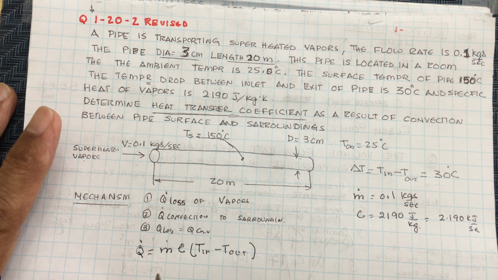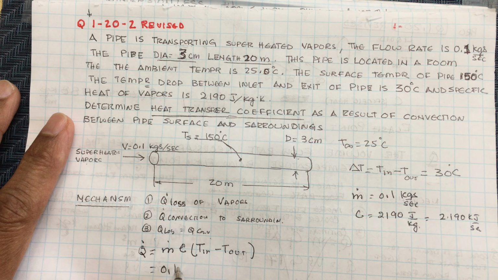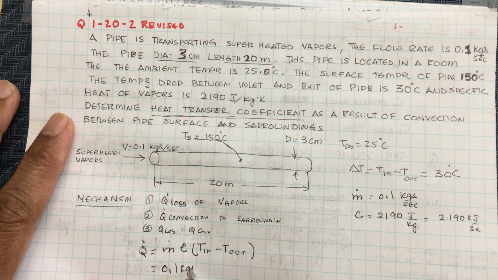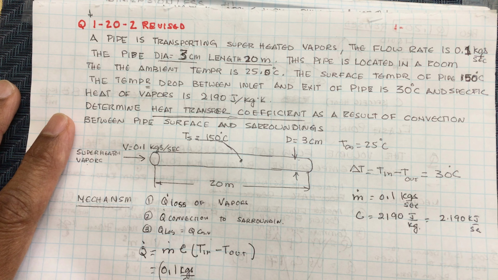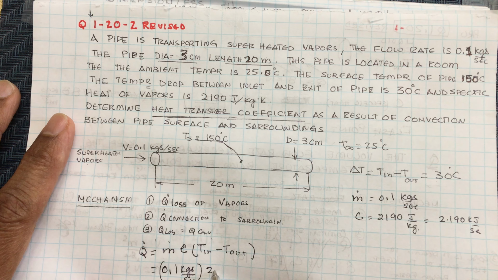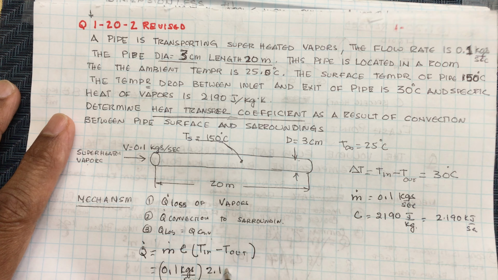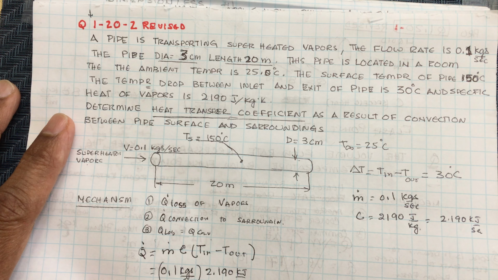So just plug those values. 0.1 kg per second, always mass rate is defined, and specific heat is given, converted into kilojoules, 2.190 kilojoules per kg.